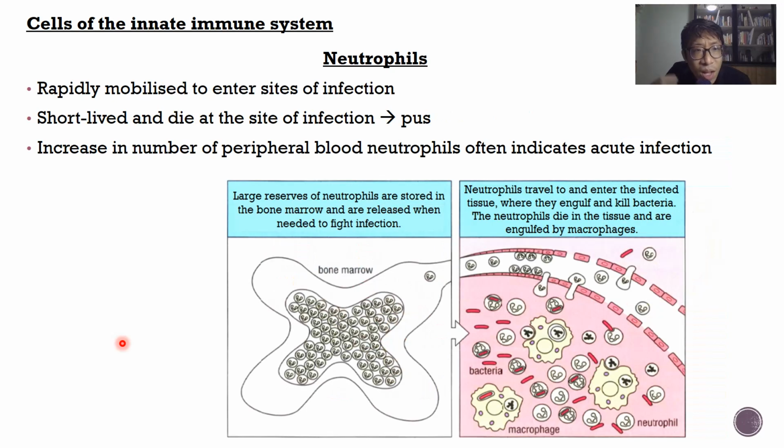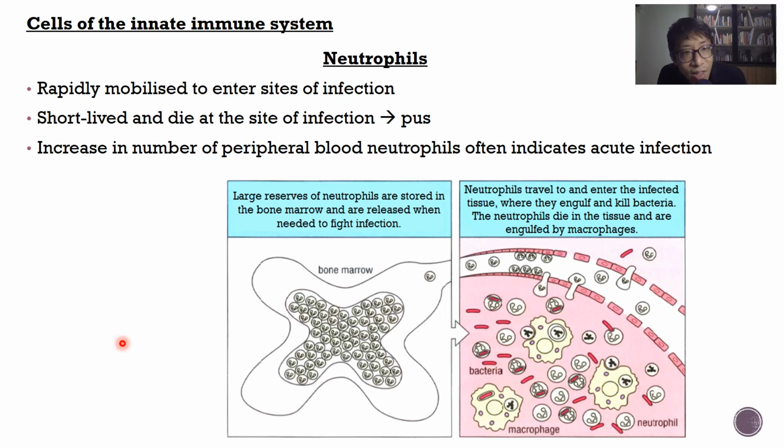All right. They are quite mobile, as mentioned. They can easily leave the capillaries to enter the site of infection. They are very short-lived, and they usually would die after they have performed their function at the site of infection. So they form the pus. When we have pus from infection, quite a high proportion of the pus would be these dead neutrophils.